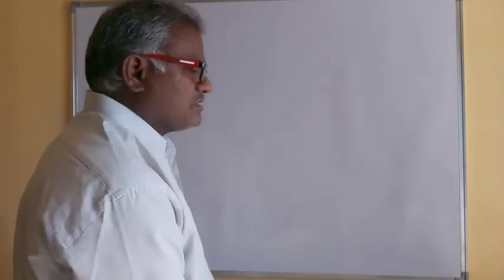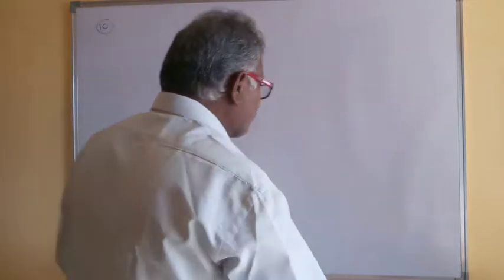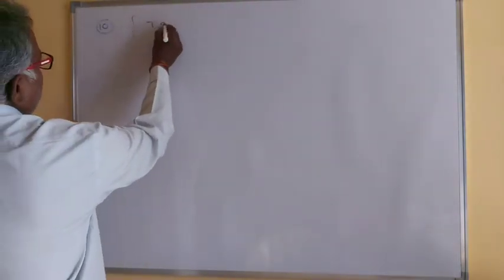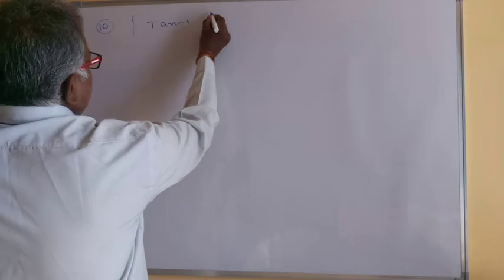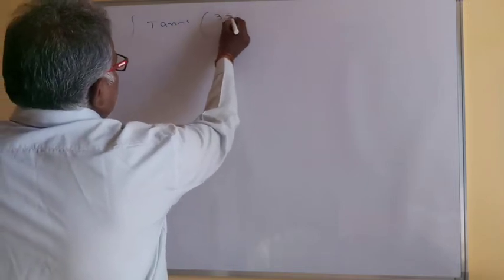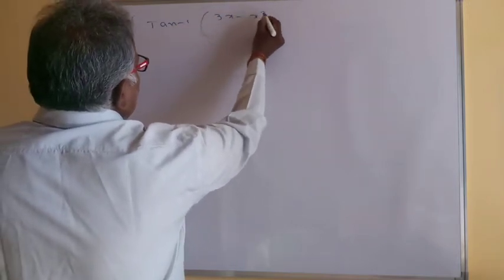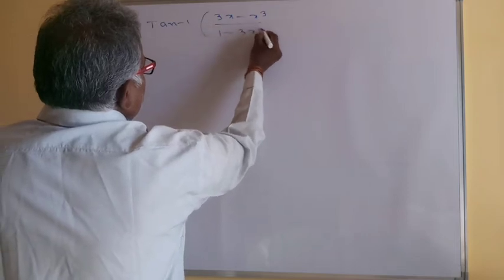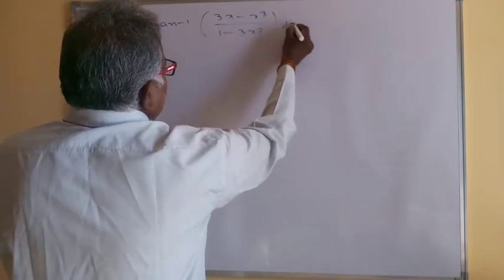10th question. Integral of tan inverse of (3x minus x cube) by (1 minus 3x square) dx.